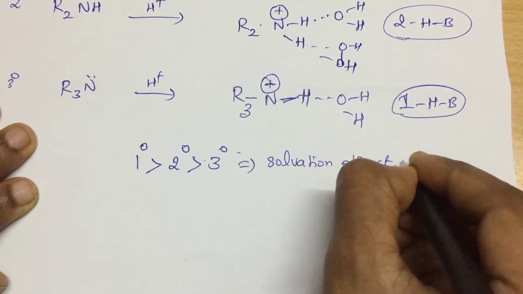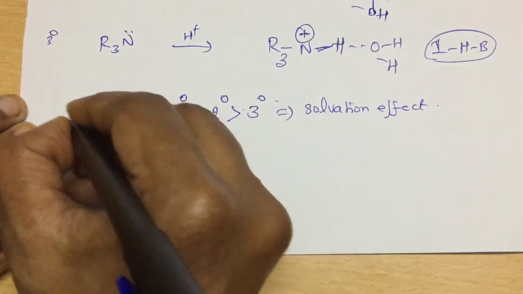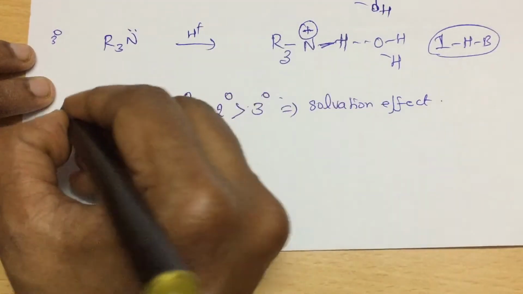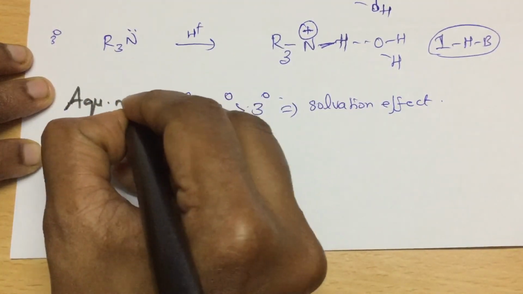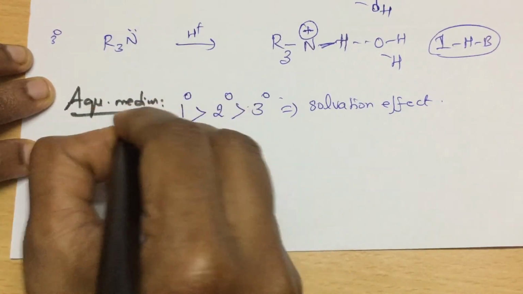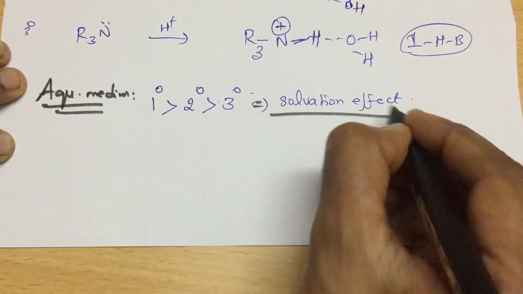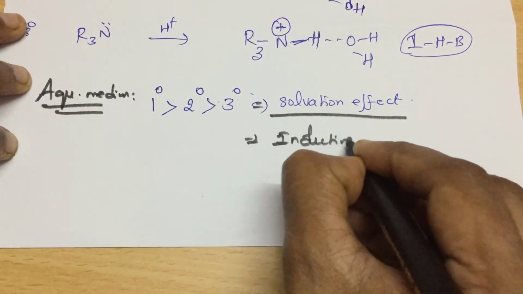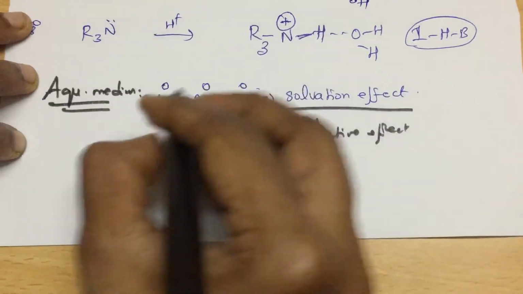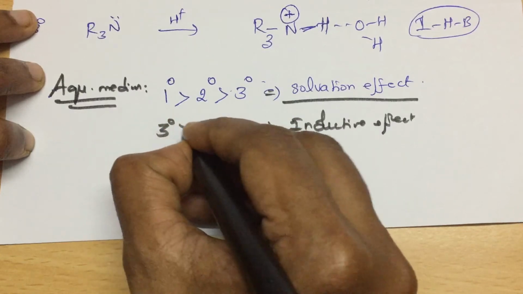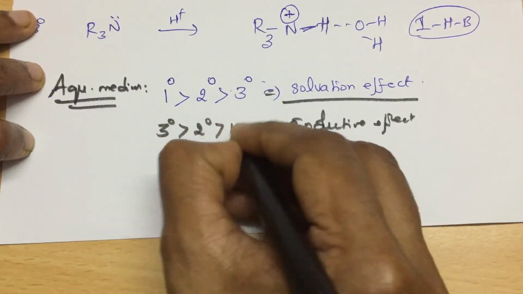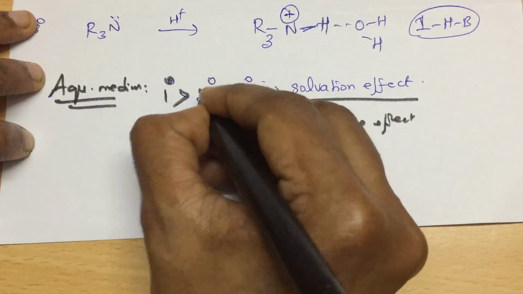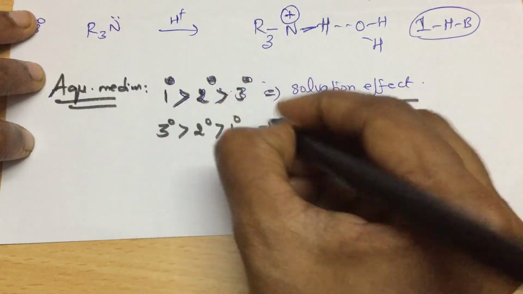So in aqueous medium, we have to take both: the solvation effect and the inductive effect. So what is the order due to the inductive effect? Tertiary, secondary and primary. So in aqueous medium, we have to take both these effects.